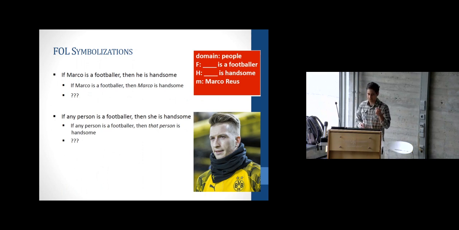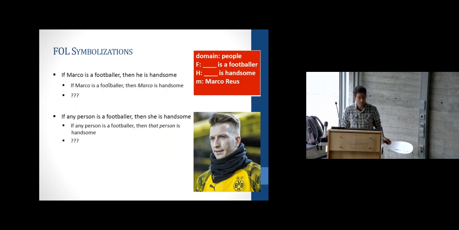Let's do some examples of the interaction between the conditional and the universal quantifier. If Marco is a footballer, then he is handsome. Note that the word "he" here refers to Marco, right? We understand that. So we can say it also as, if Marco is a footballer, then Marco is handsome. Does this involve any quantifiers?